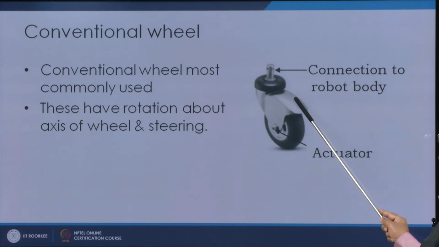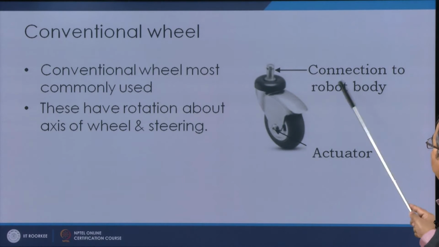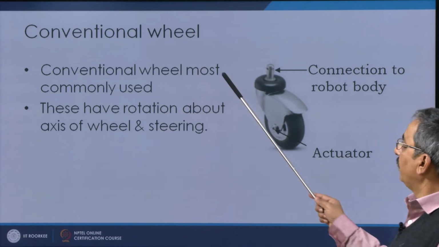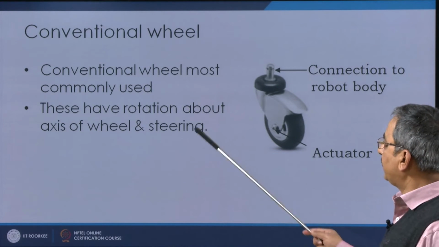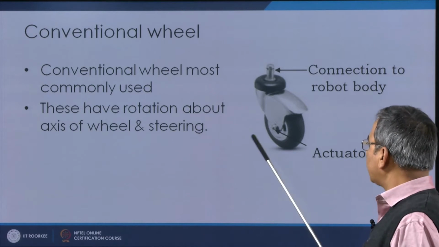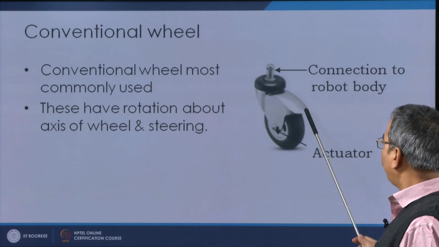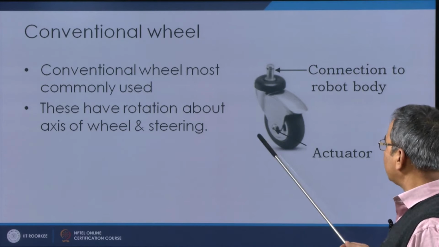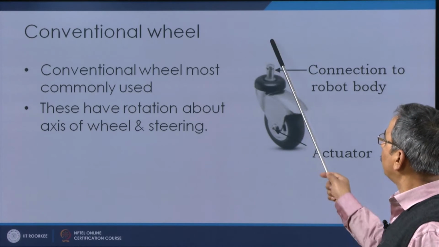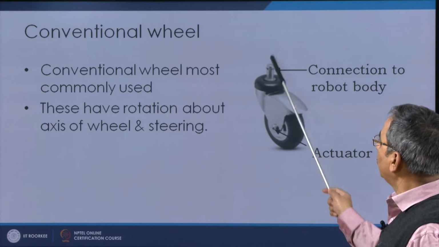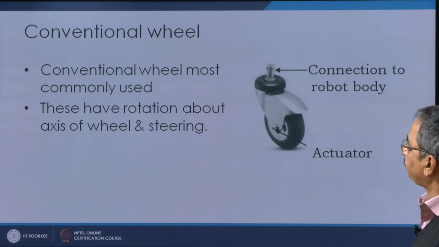Okay. And of course, from here there can be a connection to the robot body. So, these conventional wheels are the most commonly used wheels, and these have rotation about the axis of the wheel. So, they rotate about the axis which is passing from here, and steering is also possible, that is you can turn about this axis also.